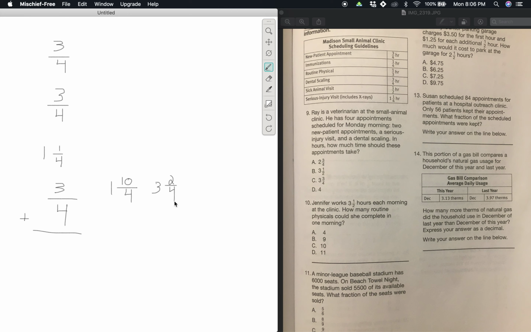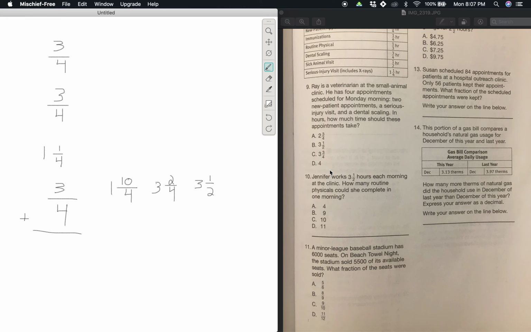So 3 and 2/4. We know 2/4 is a half, because when the top number is half of the bottom number, it means it's a half. So we can reduce this to smaller terms, which is 3 and 1/2. So that's your answer. It is B.